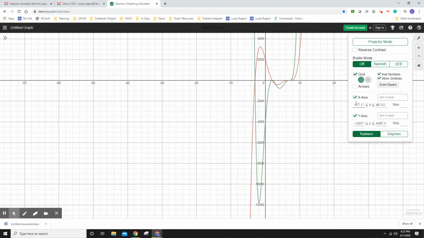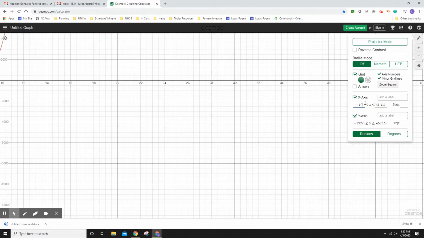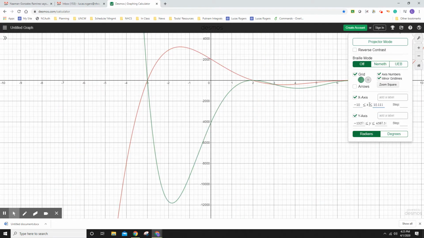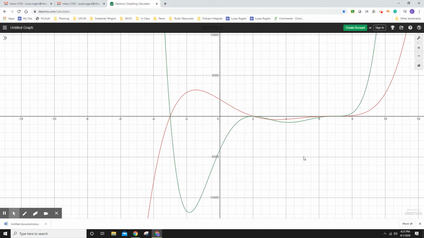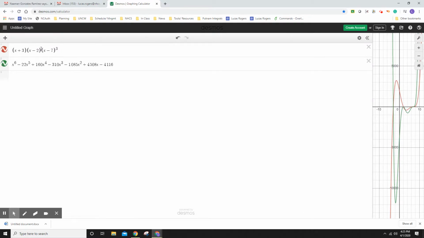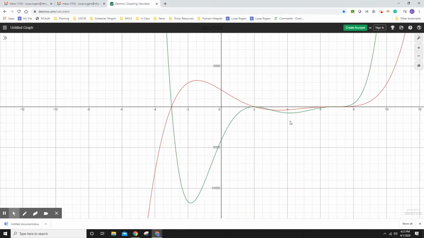Just because this graph here is quite large, and we're missing a lot of features if we stay too zoomed in. So I just did some editing there to be able to see everything, and like we can see here from these graphs, the red graph is what happens when we reduce or divide out one of the x minus 2 factors. And the green graph is the original graph.